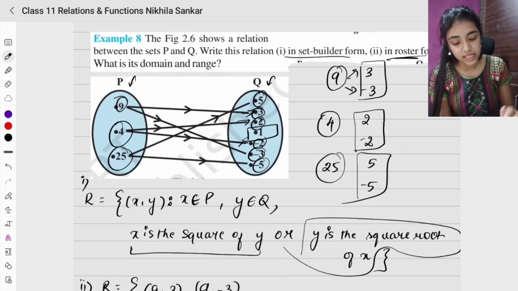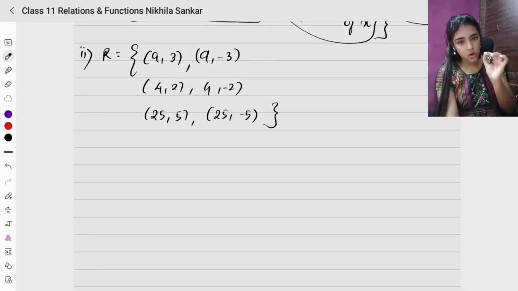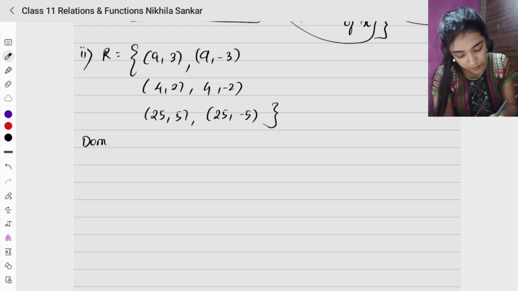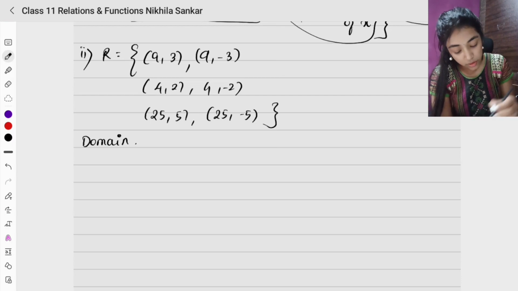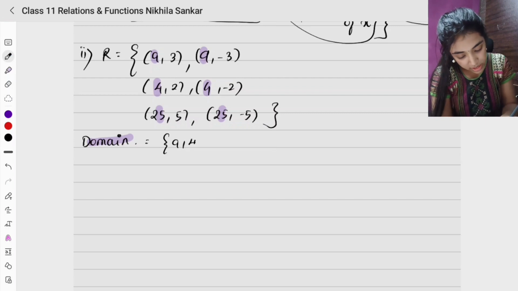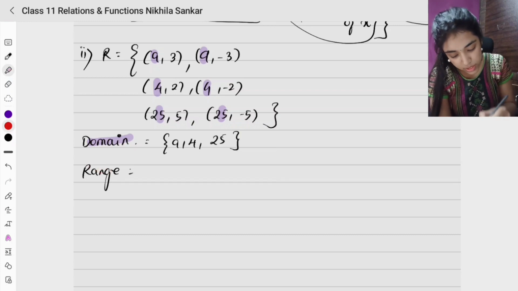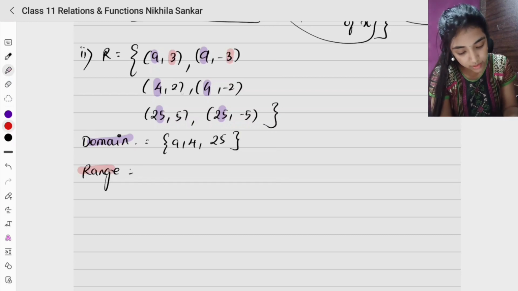Okay? Now they are asking for domain and range. The domain is going to be all permissible values of the relation in the x coordinate. So the domain is going to be 9, 4 and 25 without any repetition. Range is going to be all permissible values in the relation which are in the y coordinate.